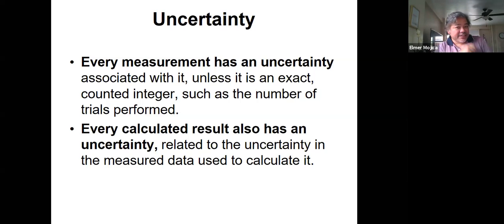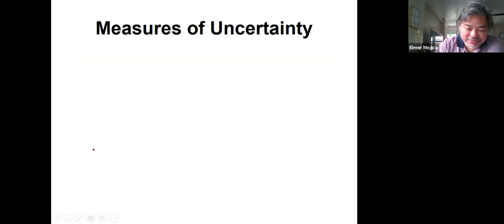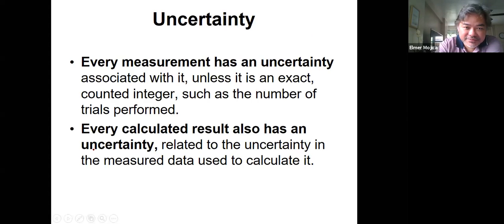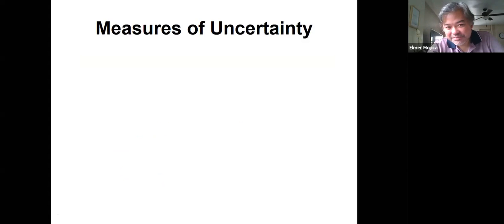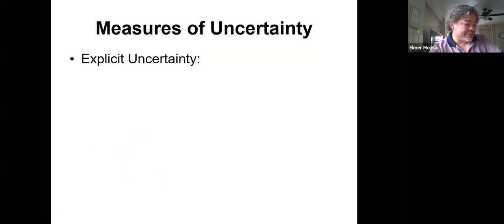So you already have uncertainty in your measurement. So if you do operations using those numbers from measurement, additional uncertainty will come in. Okay? So every calculated result also has uncertainty. So how do we look at these measures of uncertainty?